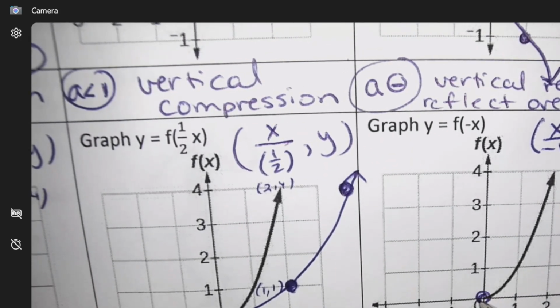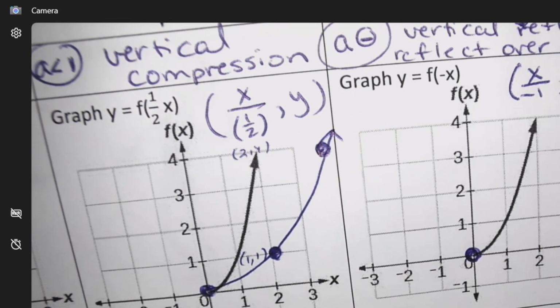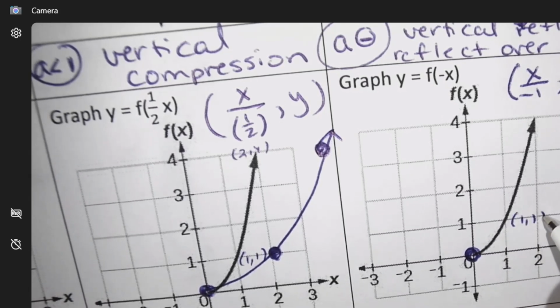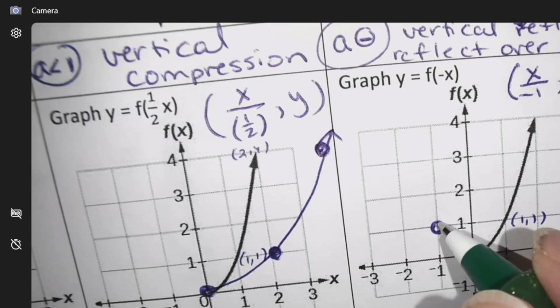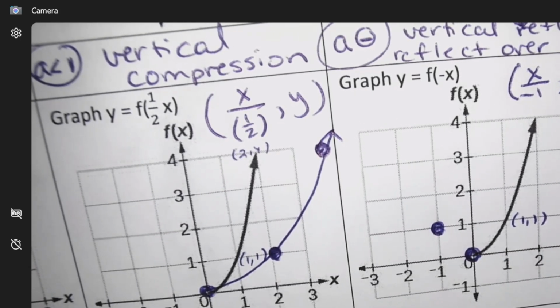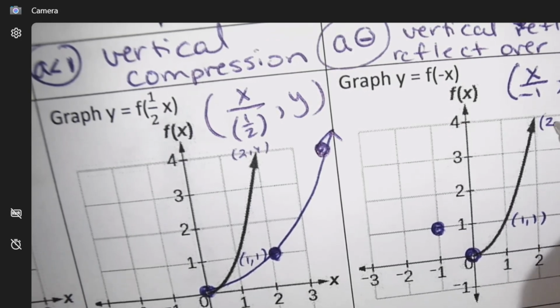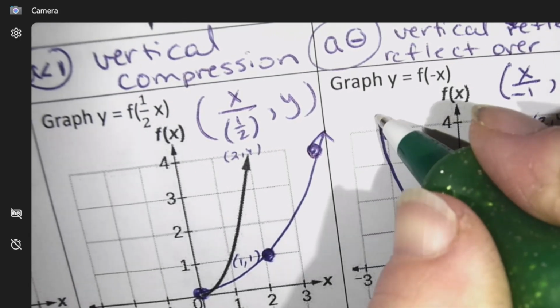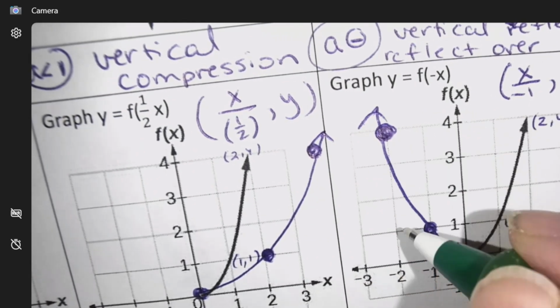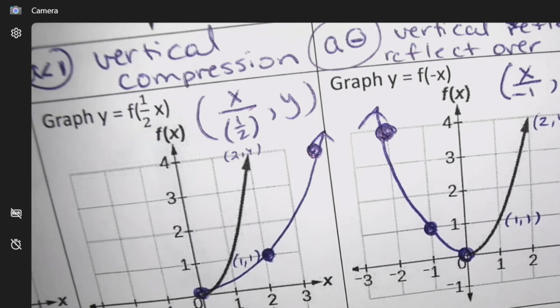So 0, 0 ended up staying. 1 comma 1 is now going to become -1 comma 1. 2 comma 4 is going to become -2 comma 4.